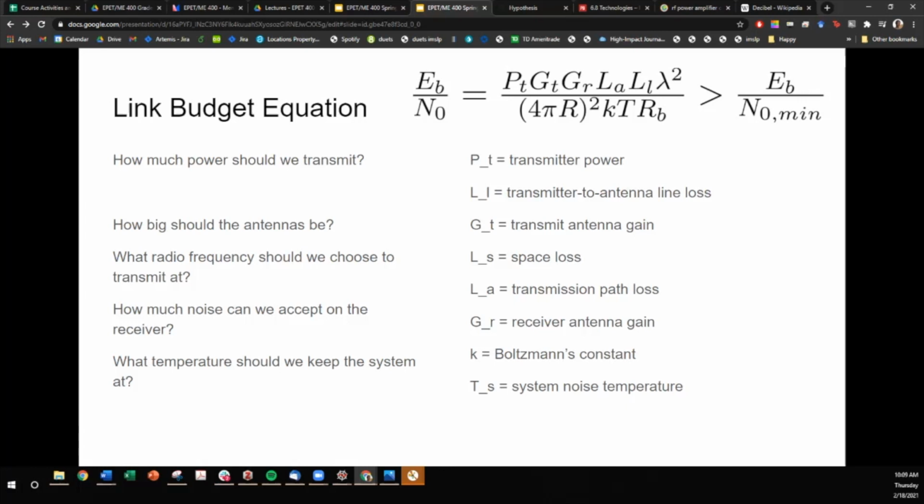And then for our system, you think, how much noise can we accept on the receiver? And you can embed this number into the receiver antenna gain. And then you think about your communication subsystem thermal operating range. What temperature should we keep the system at?